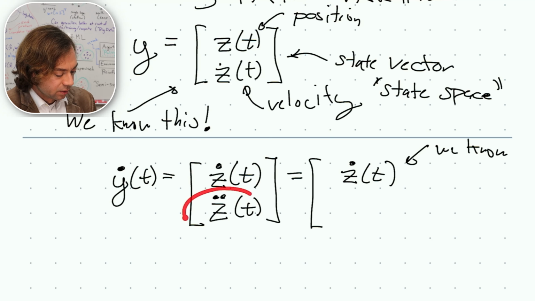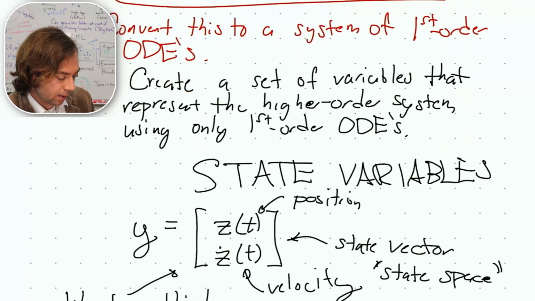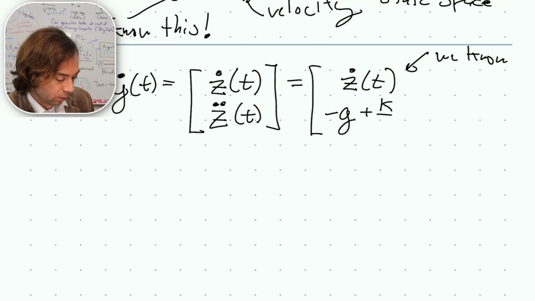So we can just take this equation and solve it for z double dot of t. I'm going to solve it by dividing both sides by m, giving minus g plus k over m times L0 minus z of t. That's it.